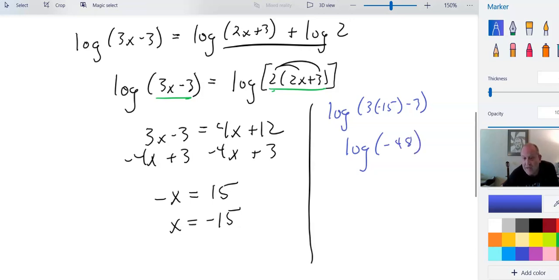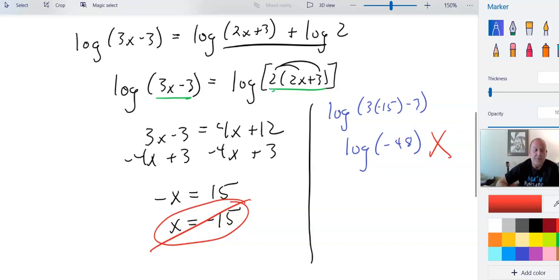Now, even if it works in the other log, this is enough where we have to say that answer doesn't work, right? All it has to do is fail in one place, and it's no longer an answer. So this one isn't an answer, even though it looks like an answer. This is an extraneous solution, meaning that we followed all the steps correctly, but the solution we got doesn't work. Okay, so it's extraneous, it's extra.